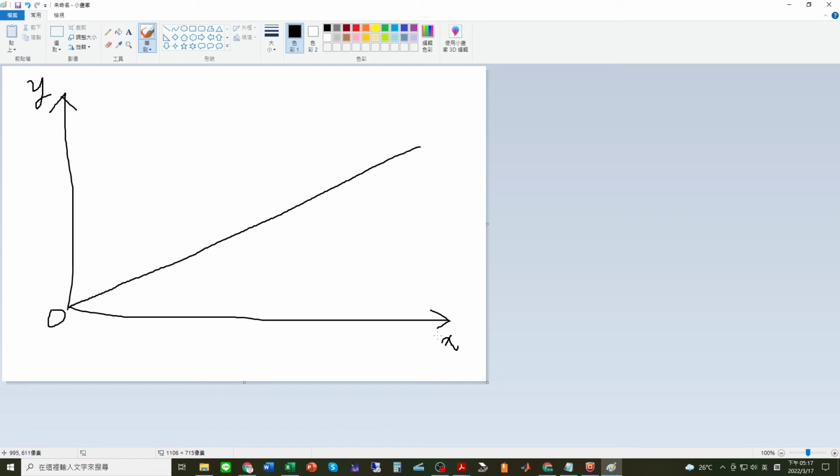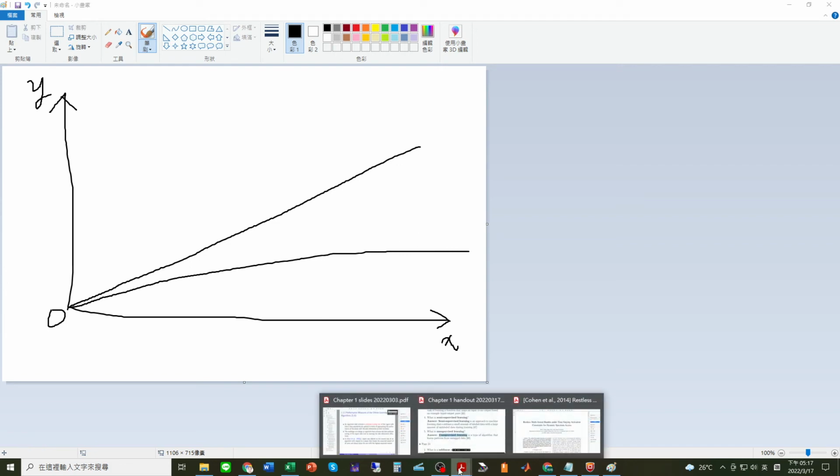Between x and y, the relationship is a straight line, so it is linear. If the relationship curve is below this straight line, the linear line, for example, like this, then this is called a sublinear scaling rate.